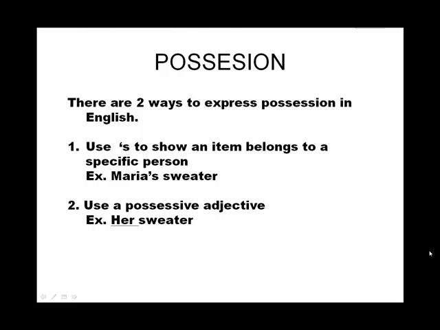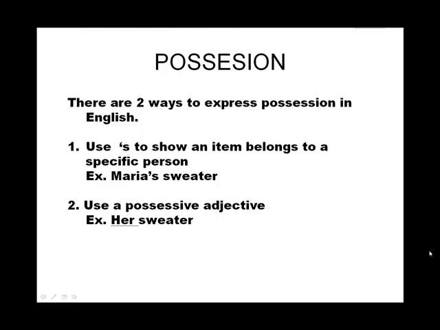Today we're going to deal with possession. What things we possess, what things we have, ownership. In English there are two main ways to express possession. The basic ones are using an apostrophe with an S to show that an item belongs to a specific person. We might say Mariah's sweater.